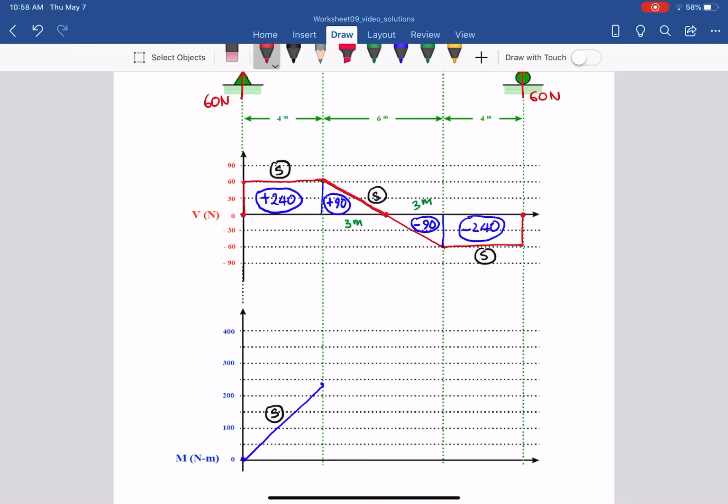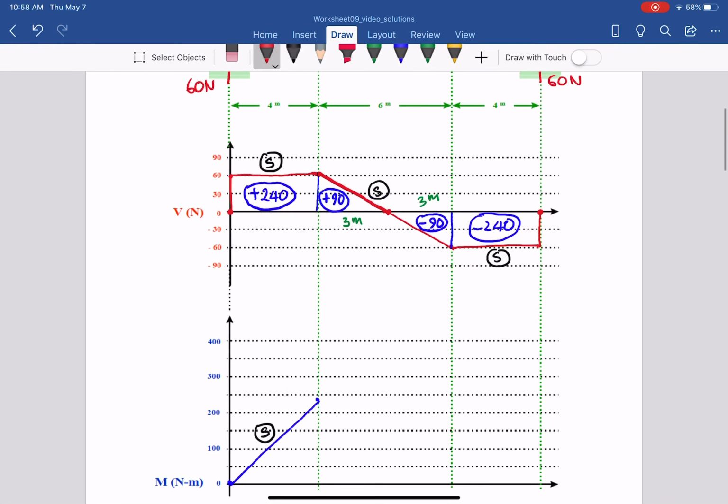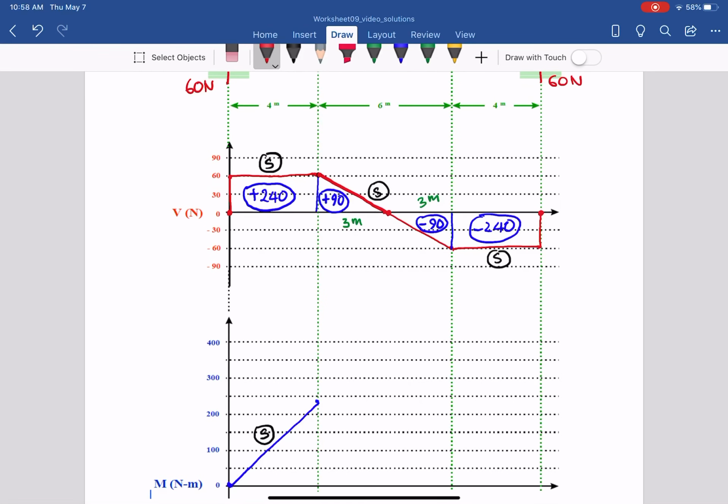So 240 plus 90 equals 330, sorry, 330 in the middle.